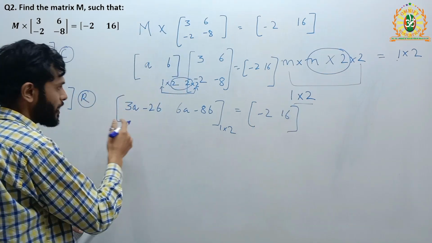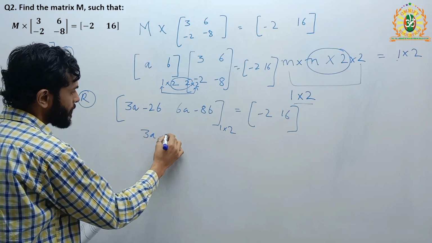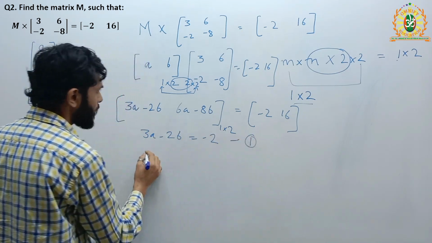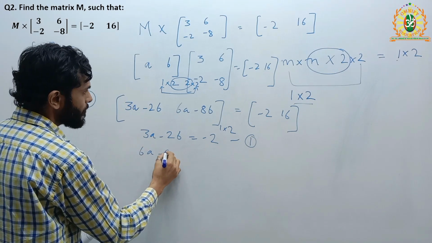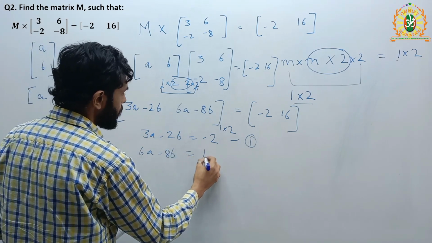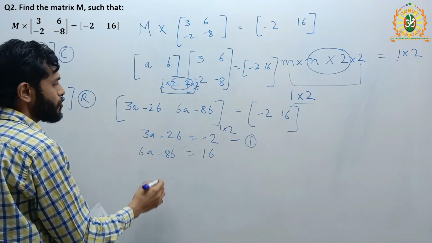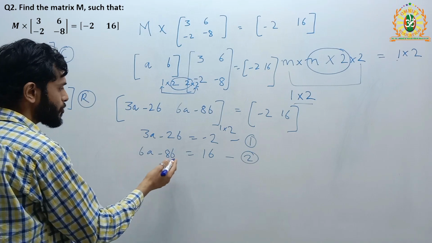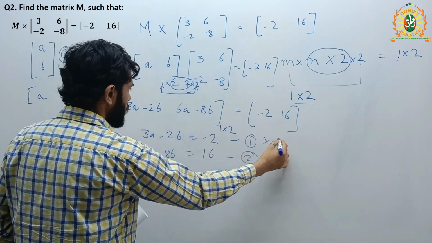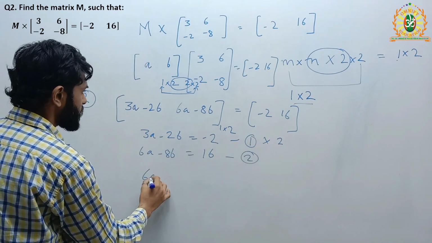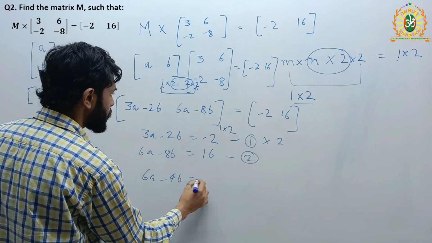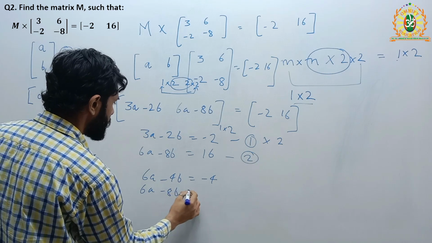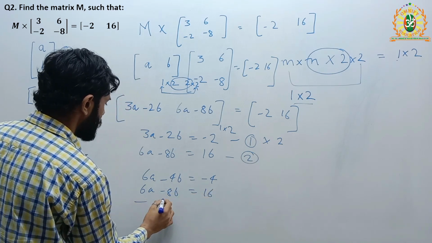Now equating the values we get 3a minus 2b is equal to -2. This is your first equation, and 6a minus 8b is equal to 16. This will be your second equation. Now on simultaneously solving these equations, multiply the first by 2, you get 6a minus 4b is equal to -4 and 6a minus 8b is equal to 16.